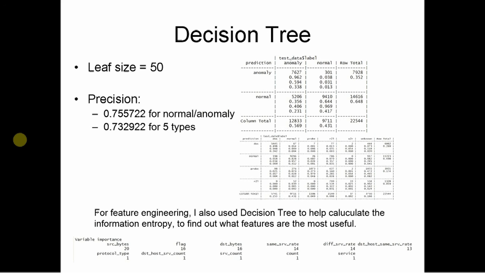As you can see from the table, in the test data, a lot of anomaly records are classified as normal. This means our classifier tends to misclassify anomalies as normal, which means a high false positive rate.